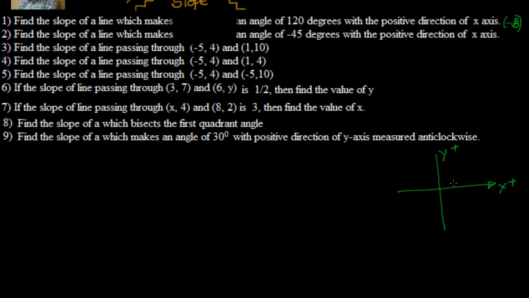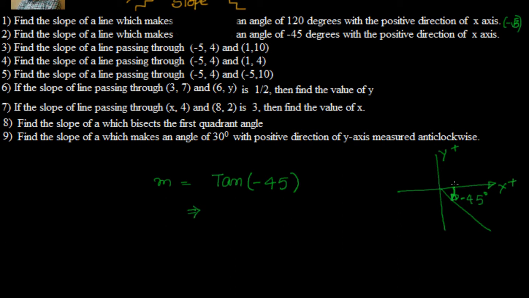If you move anti-clockwise, it is positive, so you come down, that's negative. So this angle is minus 45 degrees. Once you see minus, it should be measured in the clockwise direction. So what will be the slope? Slope m is equal to tan of theta, and theta is minus 45.